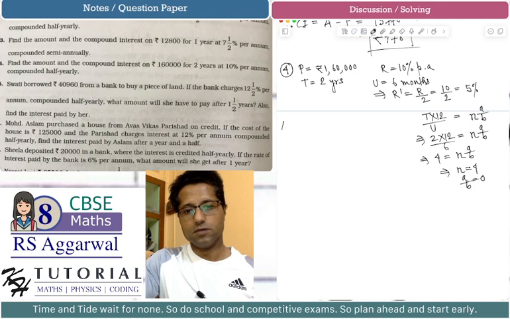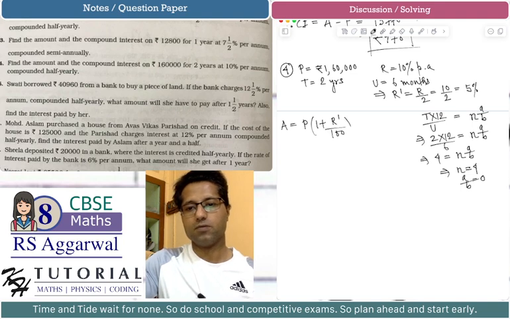The general formula is amount equals principal multiplied by 1 plus R dash by 100 to the power small n, multiplied by 1 plus the fraction A by B multiplied by R dash divided by 100.